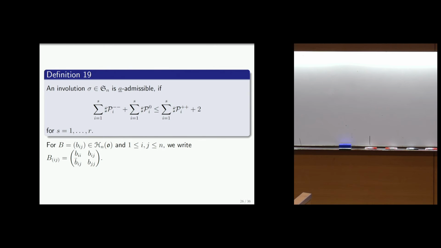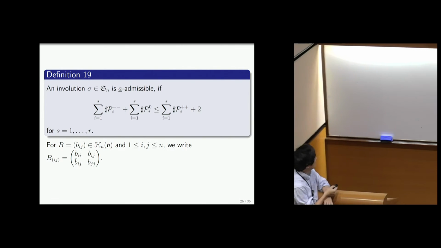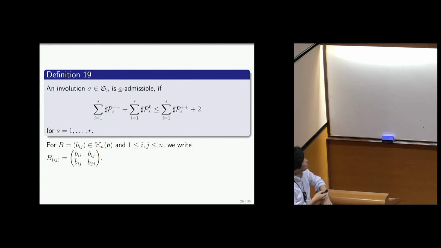Involution sigma means sigma squared is the identity. A is admissible if this inequality holds for S equal 1 to R, where R is the number of blocks.